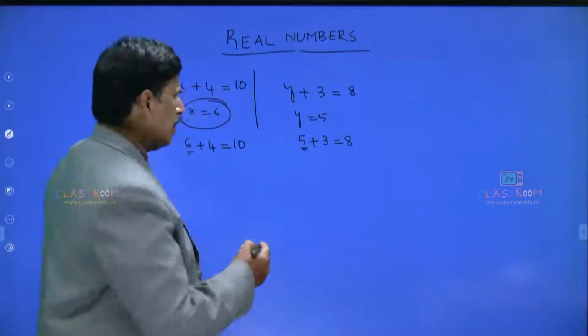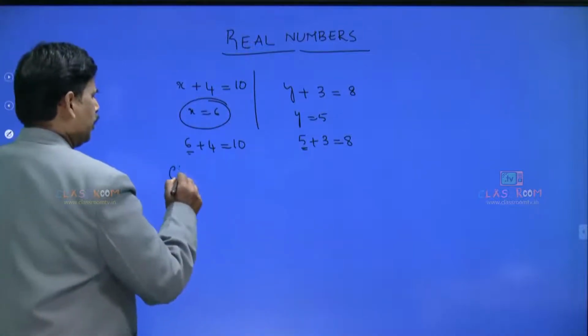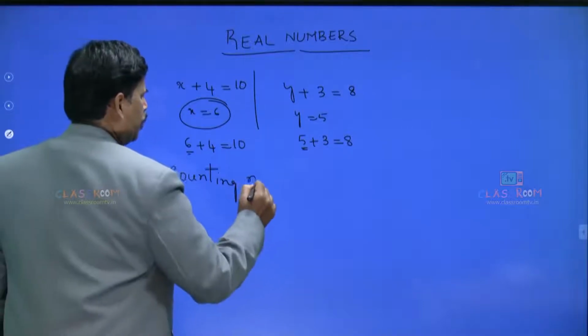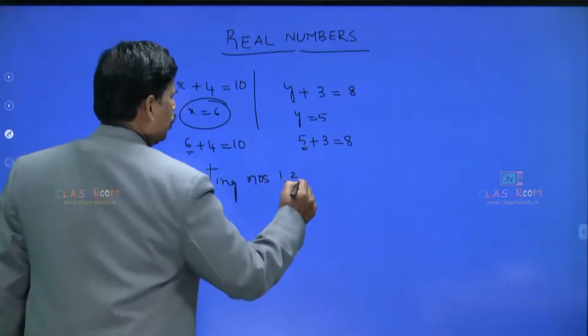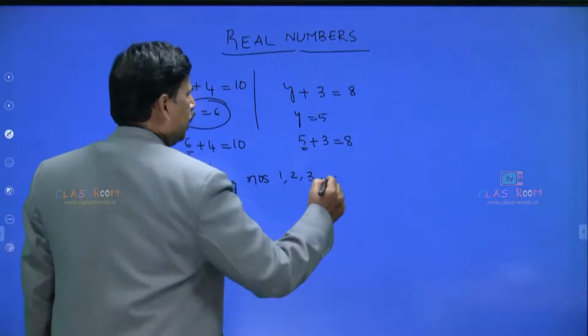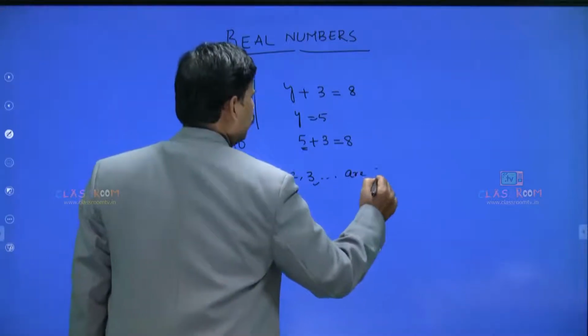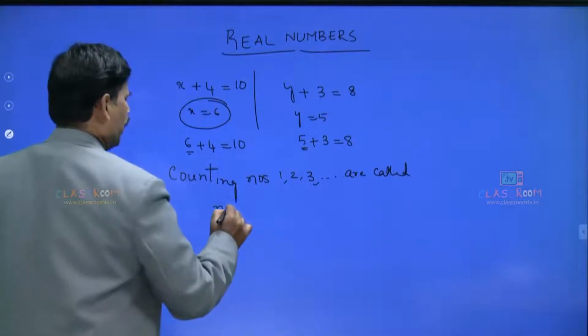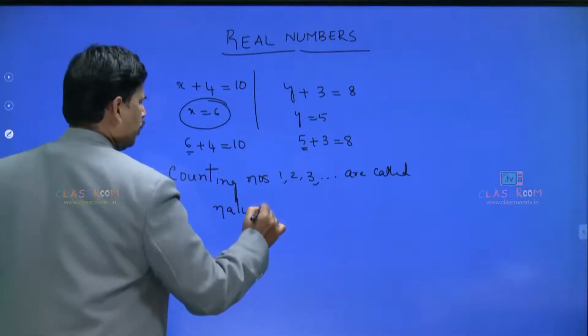So those counting numbers like 1, 2, 3 and so on, what are they called?